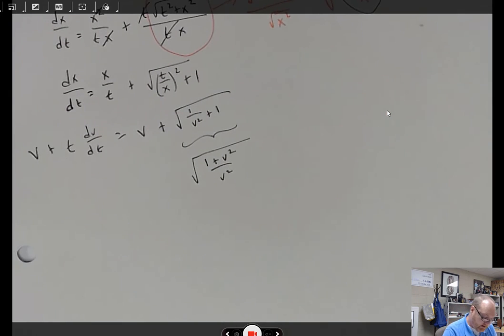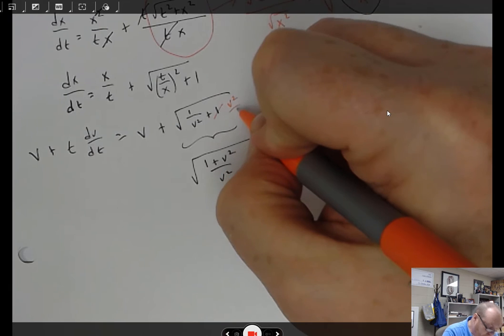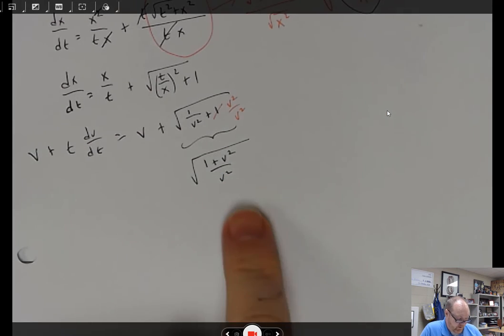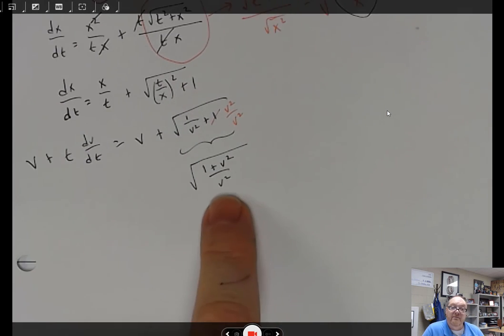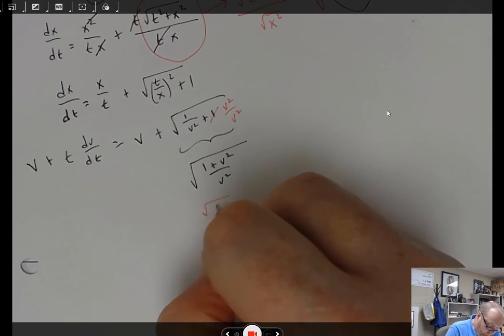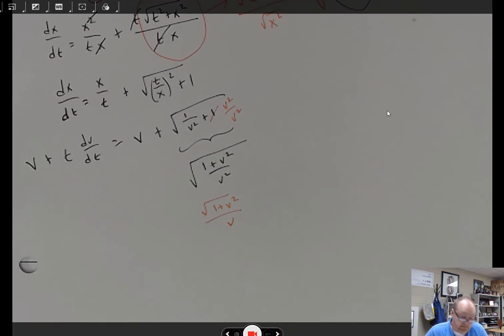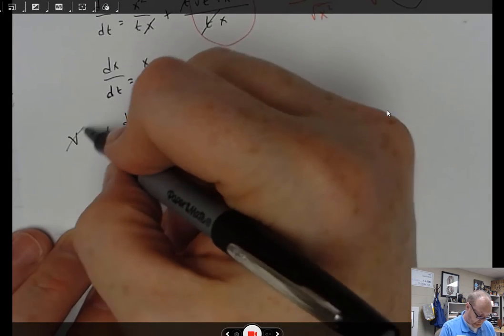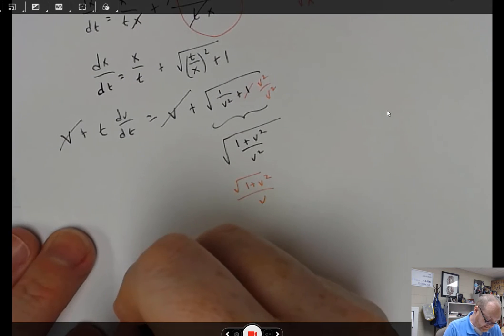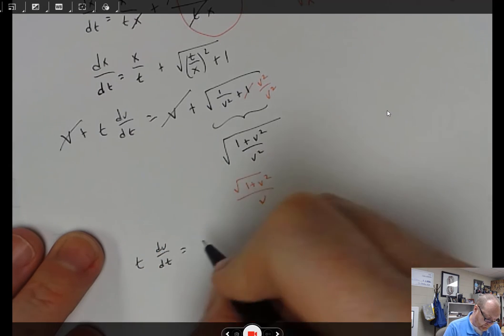So if I make 1, I'm sorry the algebra's getting all crazy, but 1 is the same as v squared over v squared. And so 1 plus v squared all over that same denominator. And then I can pull the same sort of trick that I just did. And maybe I'll be able to do the integration there. We'll see. So at any rate, with these v's going away, I'm left with t dv/dt equal to the square root.